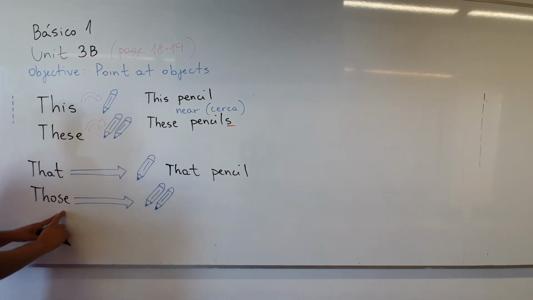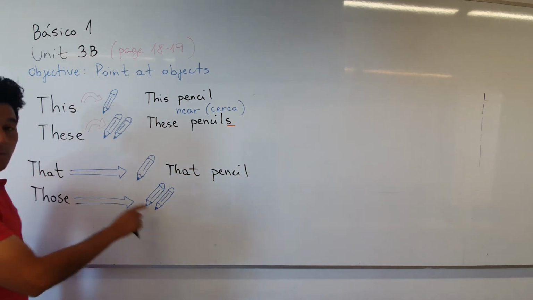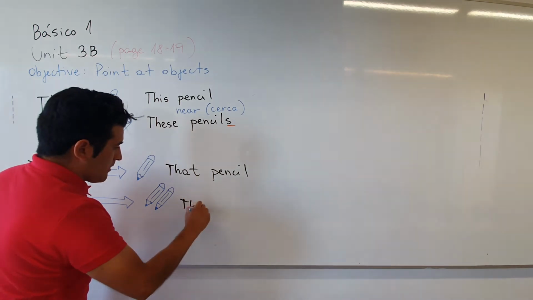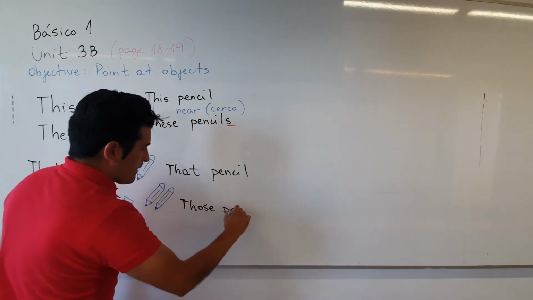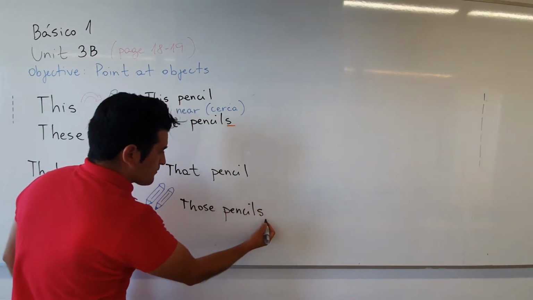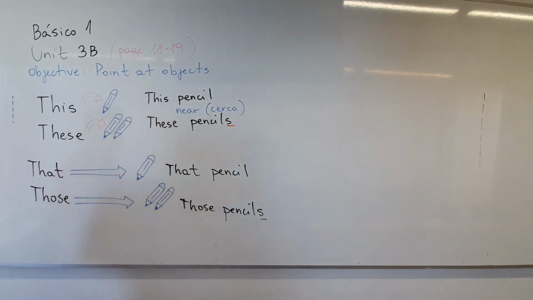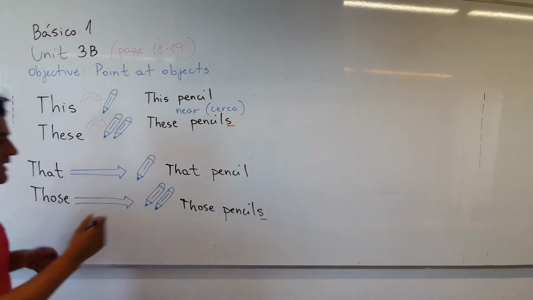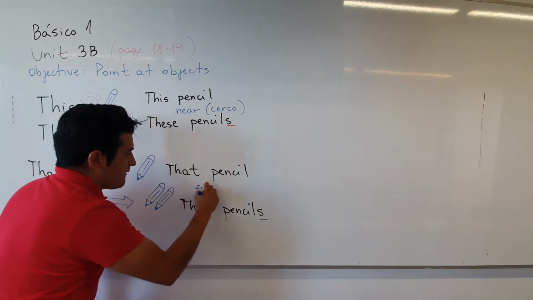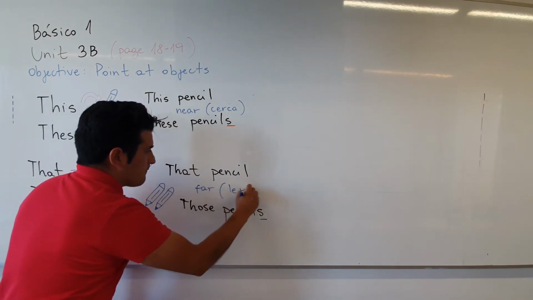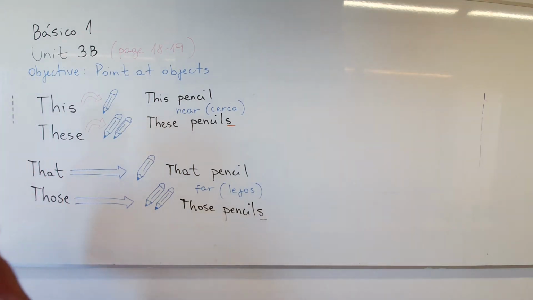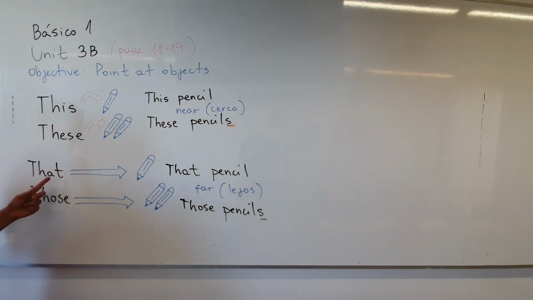And in this case we say the same, those pencils, plural. So in this case we have that and those, and in this case we say far. They are far, okay?